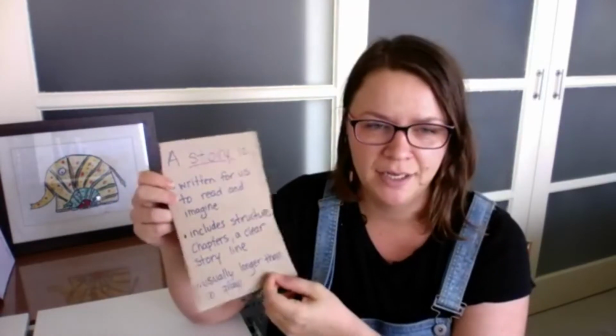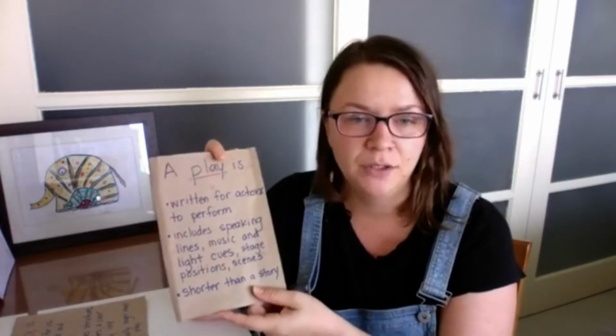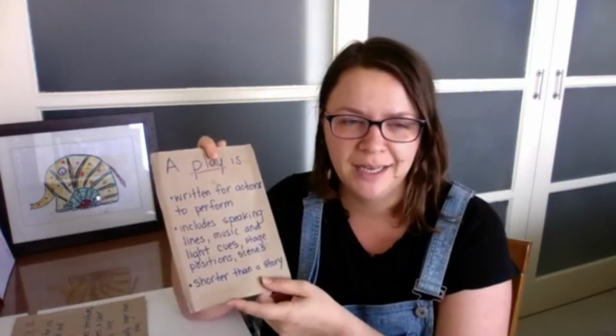Okay, so a story is written for us to read and imagine, and it includes structure, chapters, a clear storyline, and it's usually longer than a play sometimes. And a play is written for actors to perform. It includes speaking lines, music, and light cues, stage positions, and scenes.